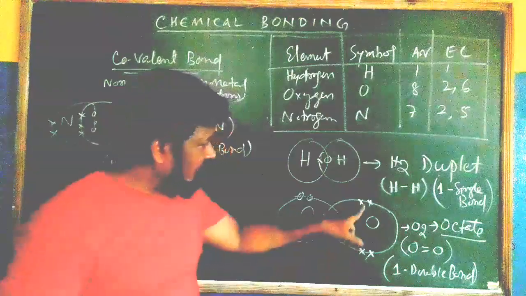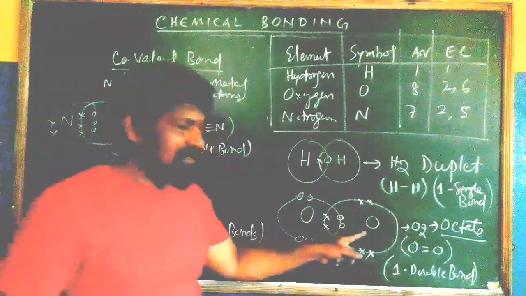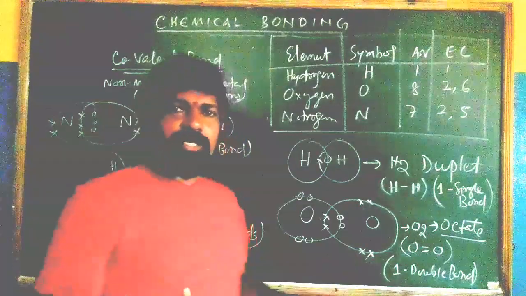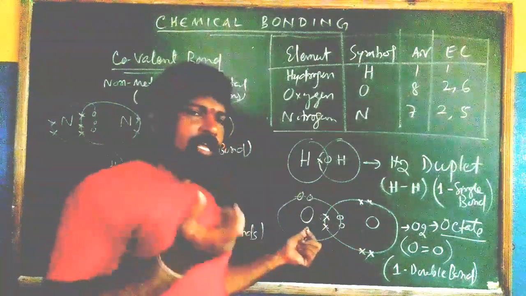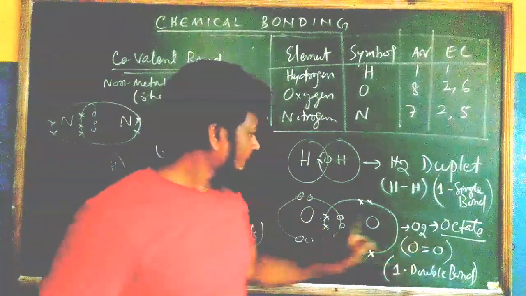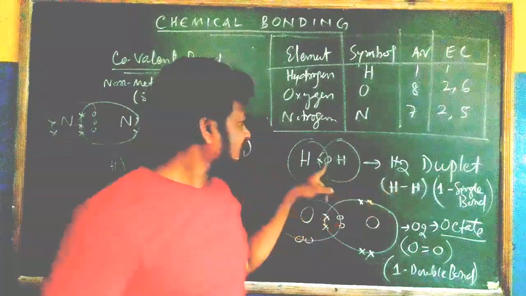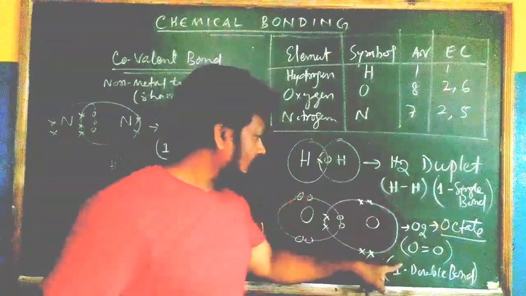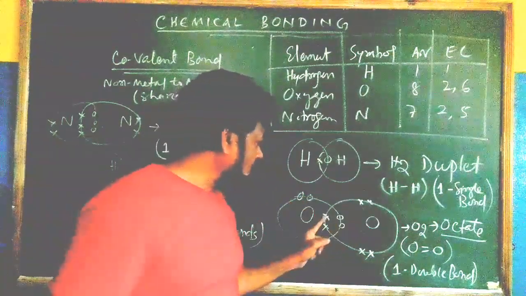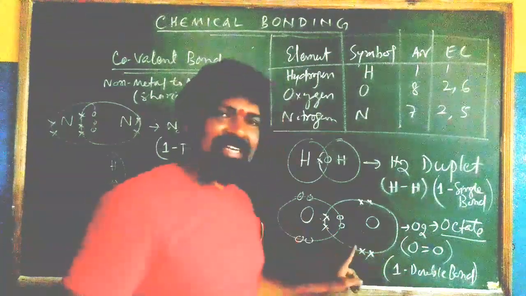Similarly, the second oxygen has its own 6 and these two, 7, 8. That second oxygen also claims 8 electrons. So this is the bonding between oxygen, O2. For hydrogen, H2 was formed with a single bond. But here 2 electrons are shared from each, so one double bond has taken place.